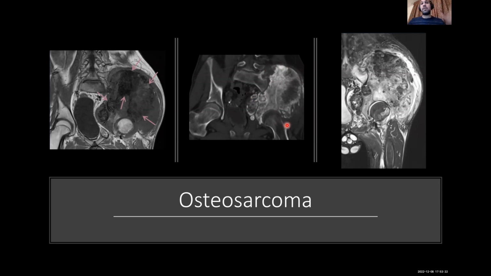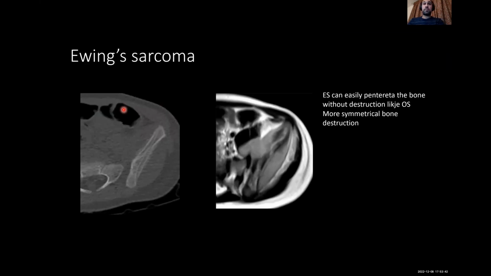There is disfigurement, destruction, ossifications, and some periosteal reaction, with soft tissue components, and all these black areas are calcifications. So it is osteosarcoma.